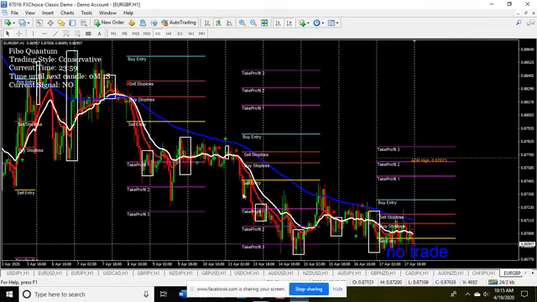So the global trend count would be 8, and it's a downtrend. That wouldn't change until both the 13 and the 21 cross above the 89, like they did here. When that happens, the global trend count resets. But right now the global trend count is 8.